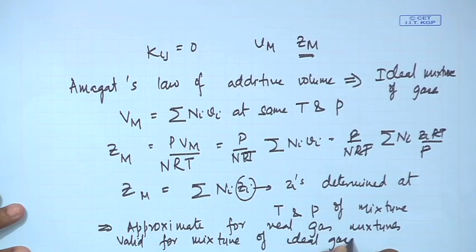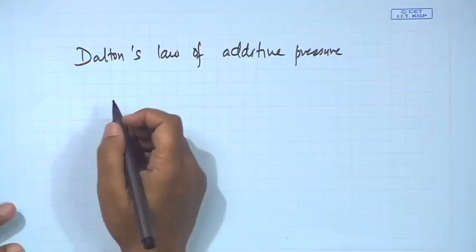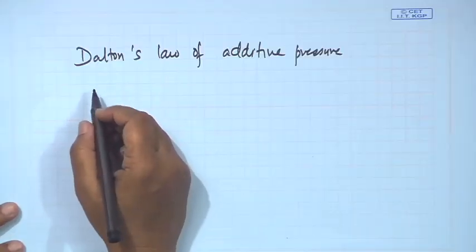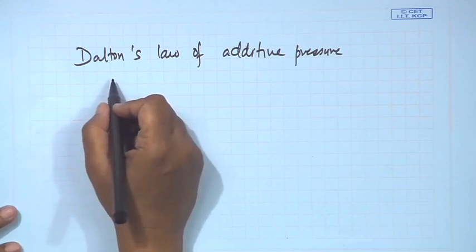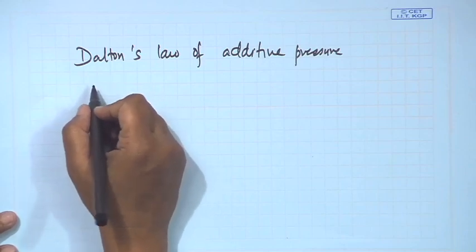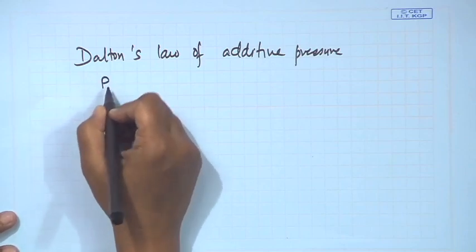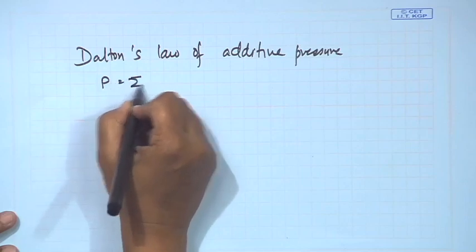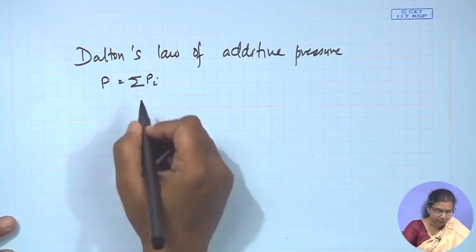Now, let us take up the other law for finding out the partial pressure. All of us know this is nothing but Dalton's law of additive pressure. What does it say? It tells us that the total pressure exerted by an ideal gas mixture is nothing but the sum of the partial pressures, or in other words, the pressure of the gas mixture is nothing but the sum of the pure component pressures.